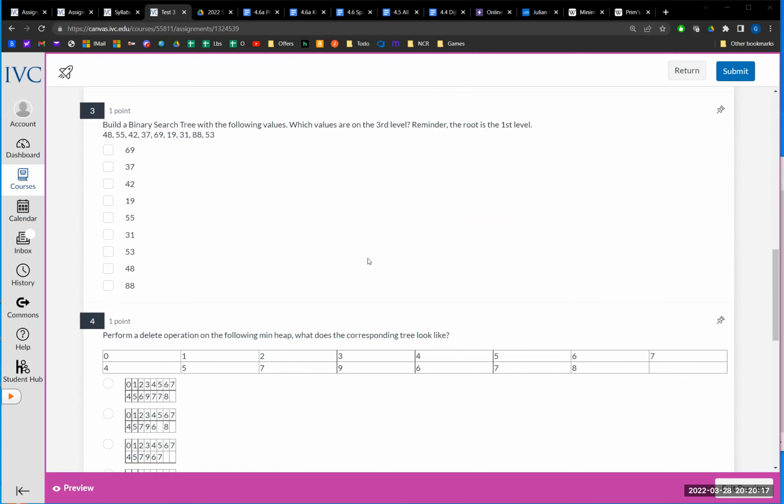All right, build a binary search tree. Who's on the 3rd level? We know it's not going to be 48 because it's the root and that's not going to change. 55, we eliminate because that's not the 3rd level. 42, it's not going to be 42 on the 3rd level, and then we got 37.